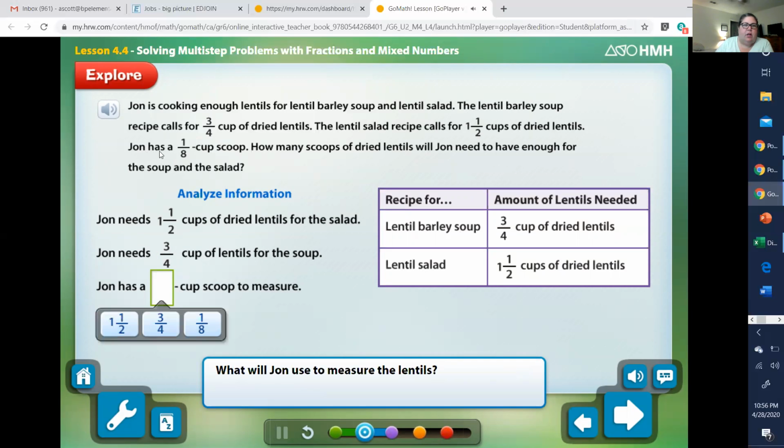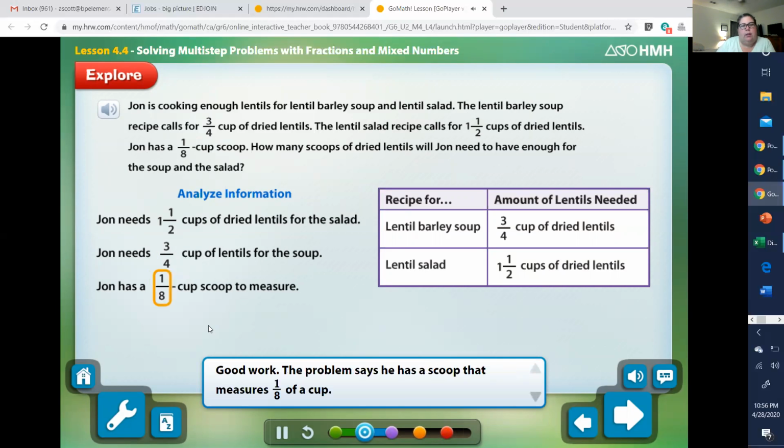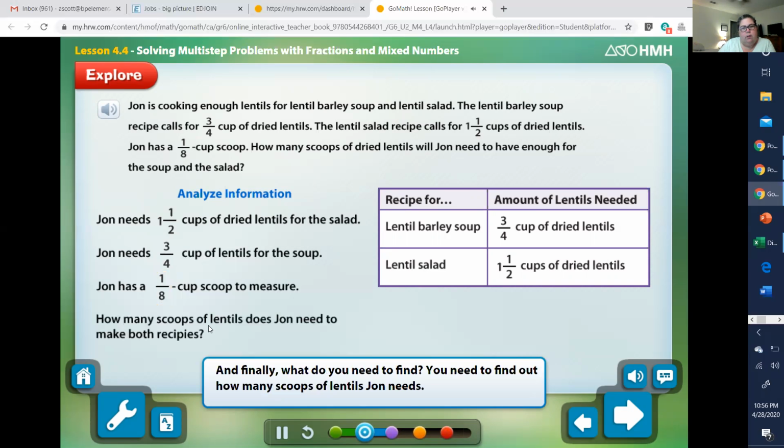So up here it says John has a 1/8 cup scoop. So that's what we're going to look at right here. We need to find out how many scoops of lentils he needs.